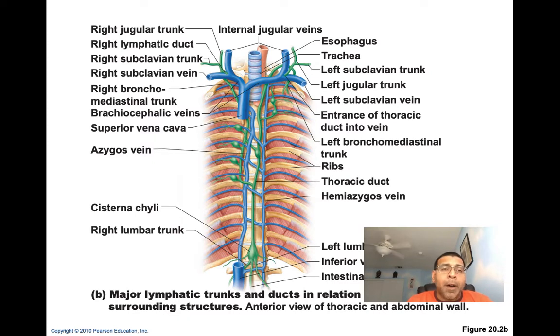One type are fibroblast-like cells, and they produce the reticular fiber stroma of the lymphoid tissues, the lymphoid organs. The second type act as antigen presenting cells, APC cells.